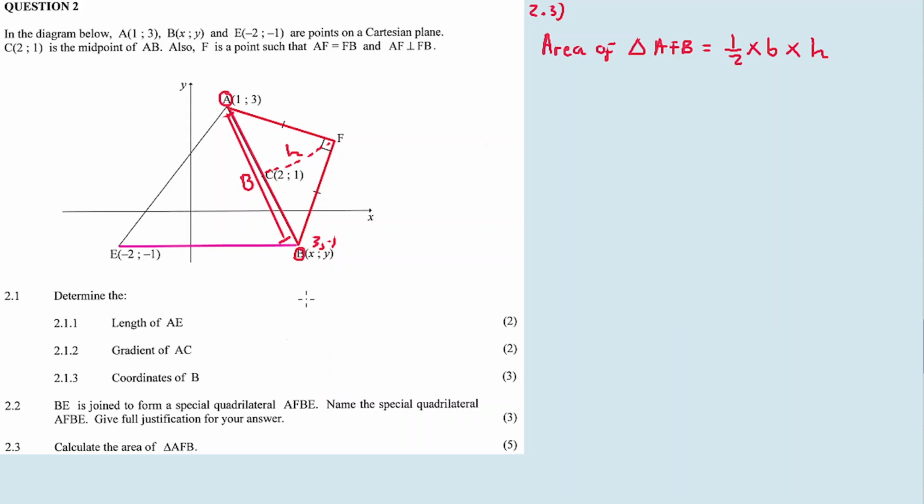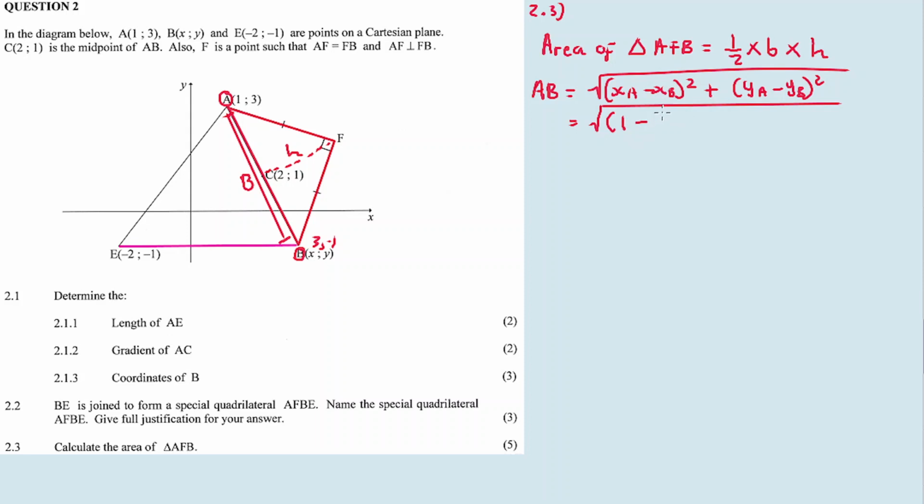Let's start off by calculating the length of AB. So length AB is equal to the square root of the distance formula, XA minus XB squared plus YA minus YB squared, equal to the square root of XA which is 1 minus XB 3 squared plus YA 3 minus YB, minus 1, squared.